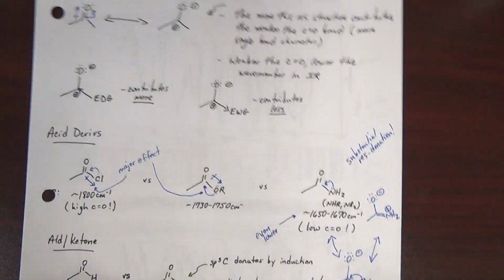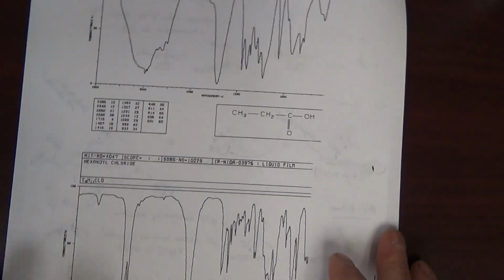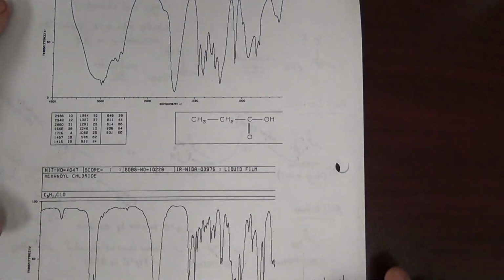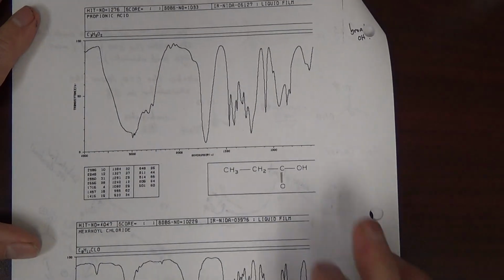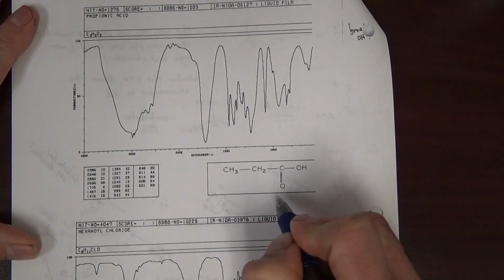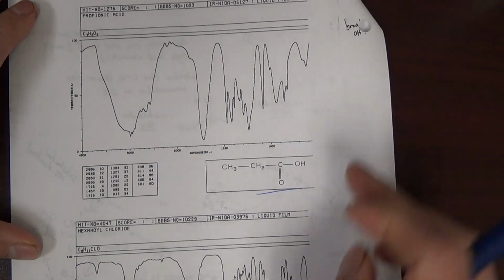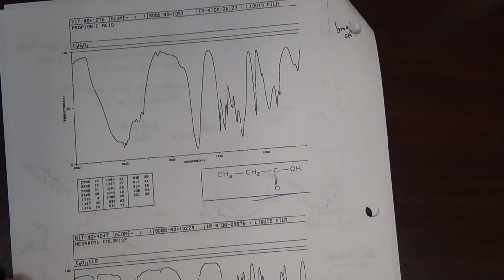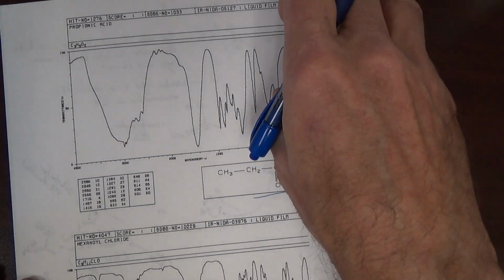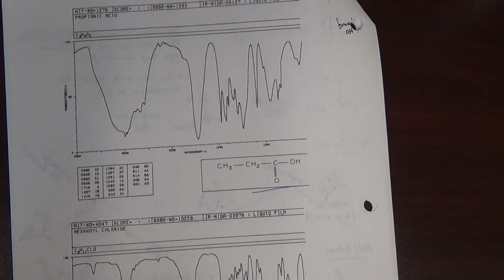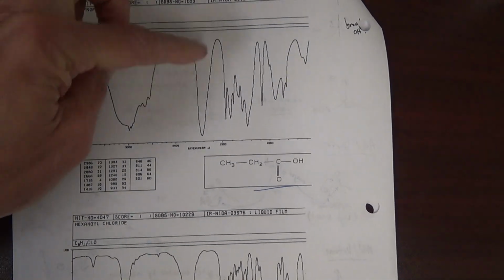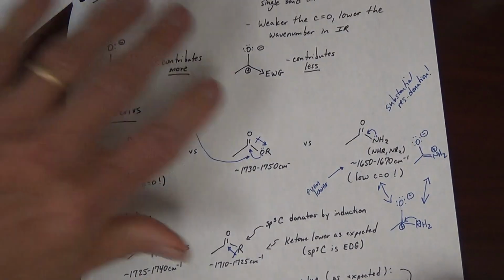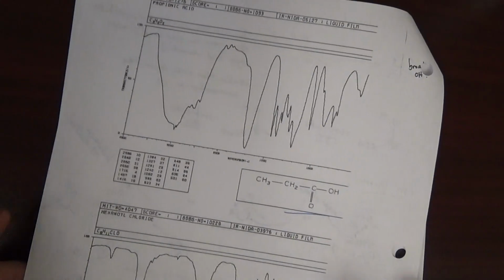Okay, let's look at some examples of acid derivative IRs. First one here is a carboxylic acid. A lot of this is review from Organic 1, but this gives us a chance to review our IR, in addition to what may be a little bit new information with the positioning of the carbonyl stretch.